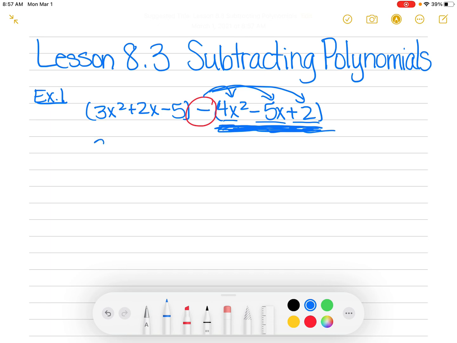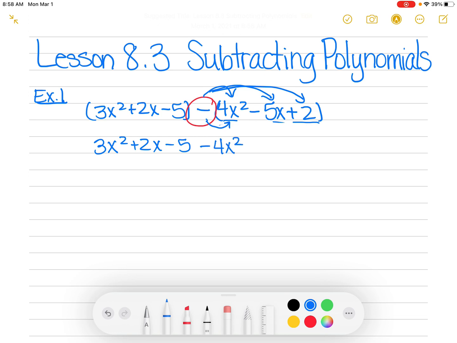So I'm just going to go over here and rewrite these. And so now the first one stayed the same, right? We didn't change anything there. But now the second one, we're going to change everything here. So I'm going to erase this real quick so that I can show you while I'm doing this. Okay, so I'm going to do the minus 4x squared.